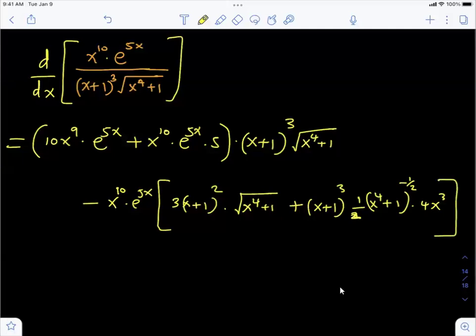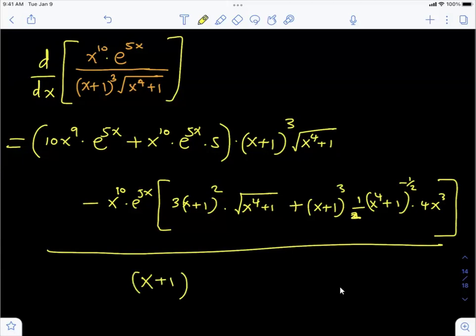Now this is just the top of that computation. And then in the denominator, you're going to have (x plus 1) cubed square rooted, with x to the 4th plus 1, and the complete square of that term.